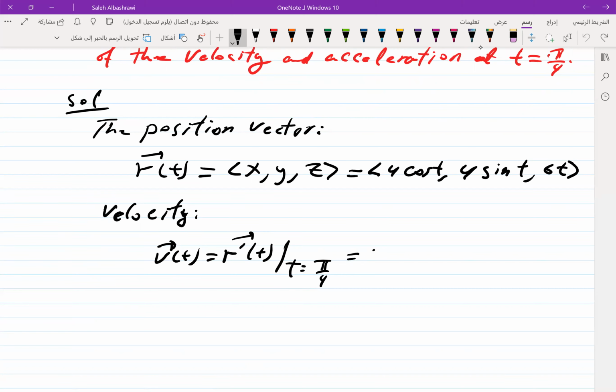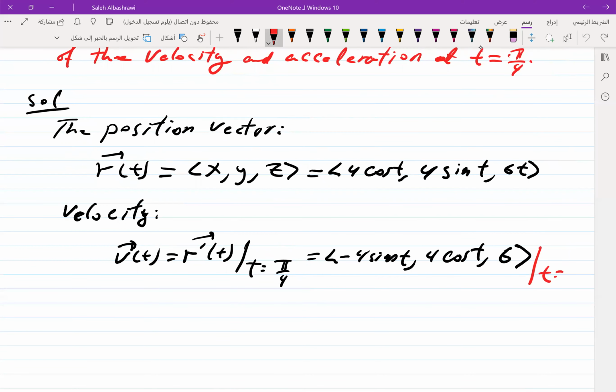The derivative of 4 cosine t will be minus 4 sine t, 4 sine t will give me 4 cosine t, and the derivative of 6t is 6. Now we will evaluate this at t equal to pi over 4.